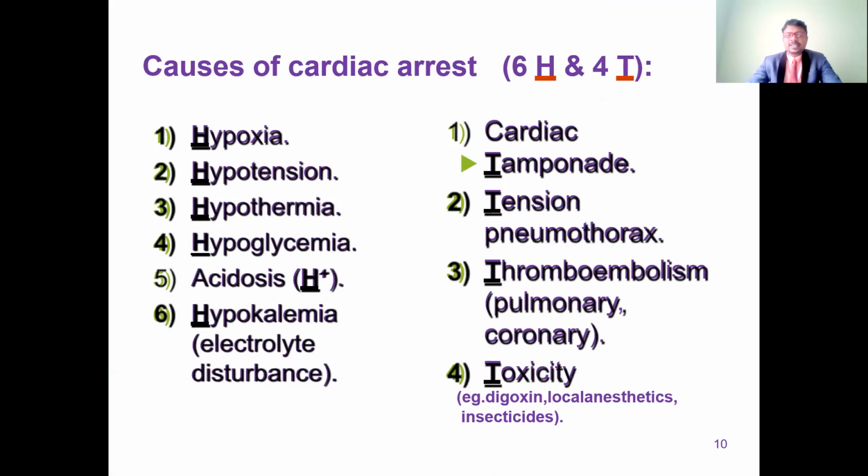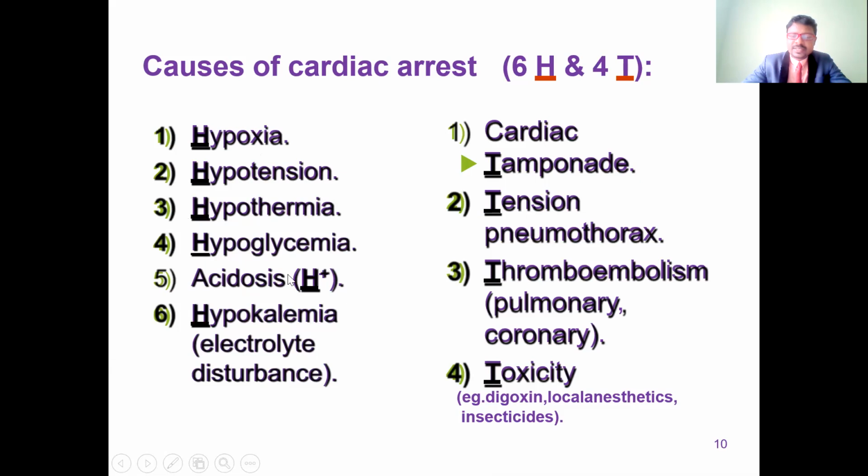And also, what are the causes of cardiac arrest? There are many reasons. The major causative factors are the 6H's. The first H is hypoxia, that means decreased oxygen supply to the tissues. Hypotension, that is decreased blood pressure. Hypothermia, decreased temperature. Hypoglycemia, decreased sugar levels.